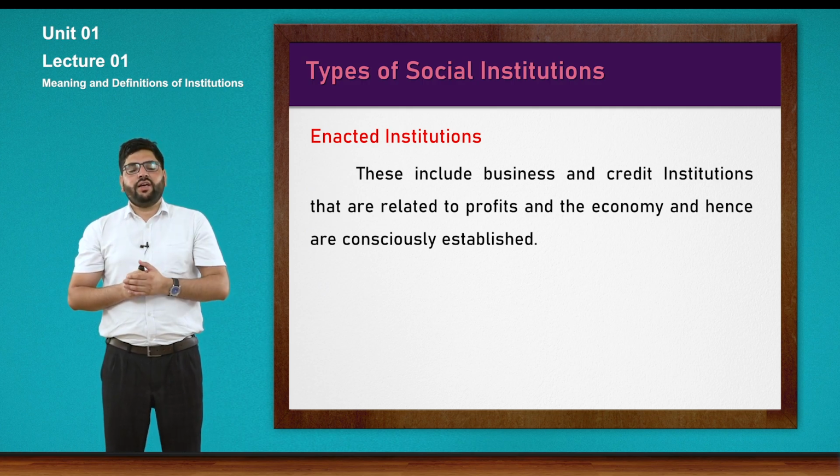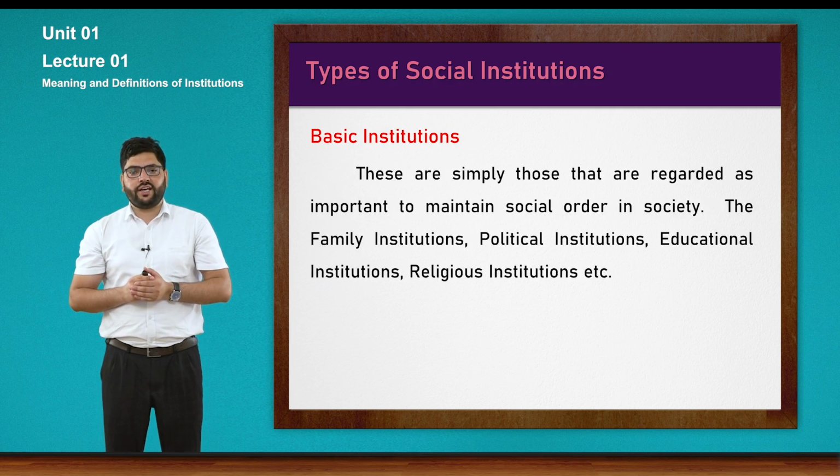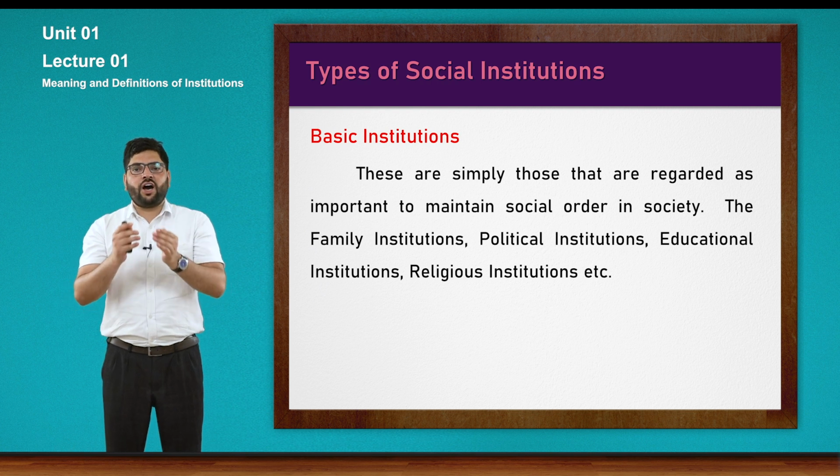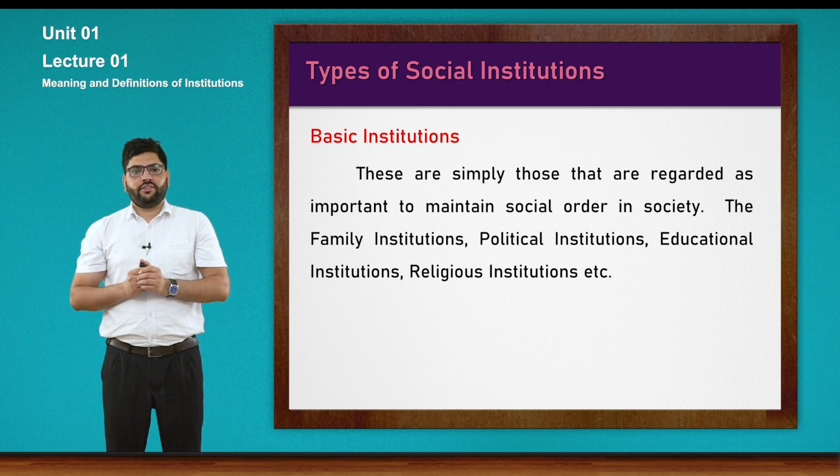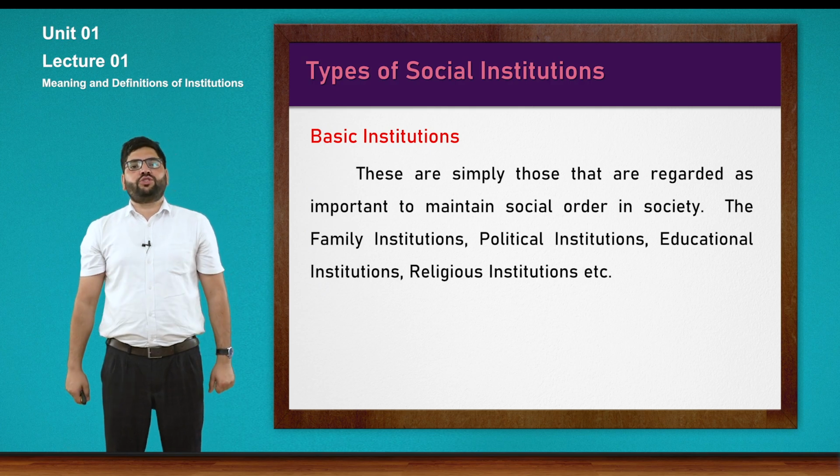Let us have a look at another type of institution. They are known as basic institutions. These are those that are regarded as important to maintain the social order. What is the need of the social order?